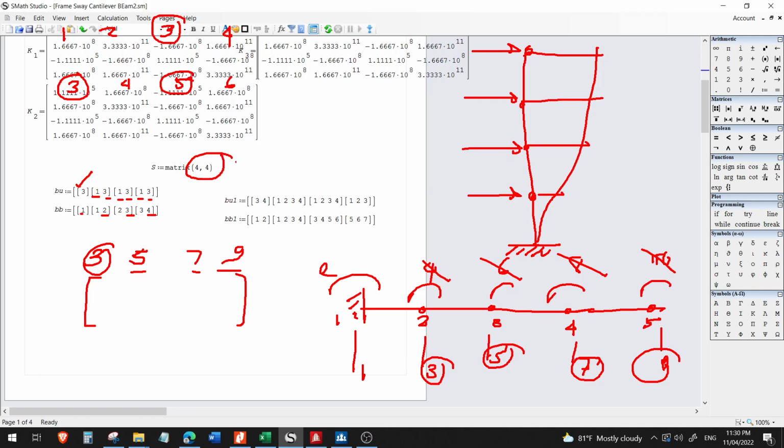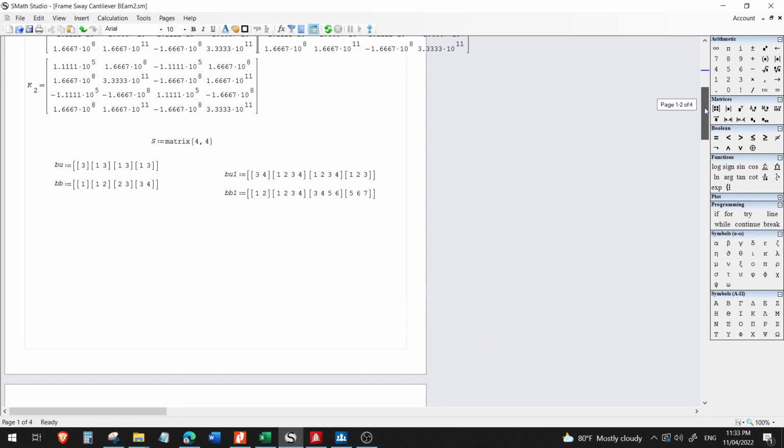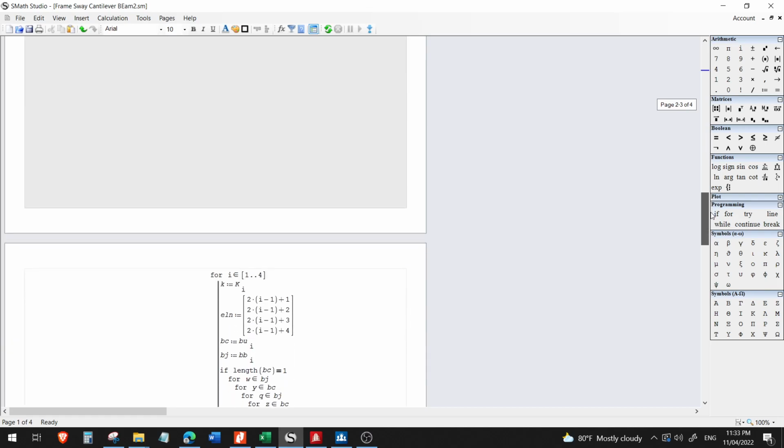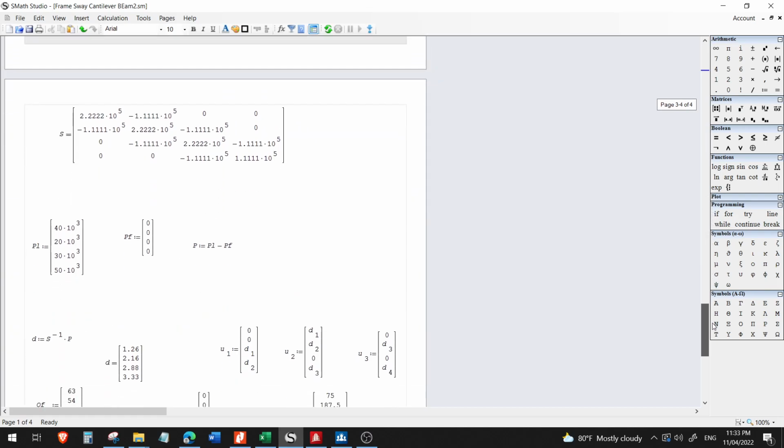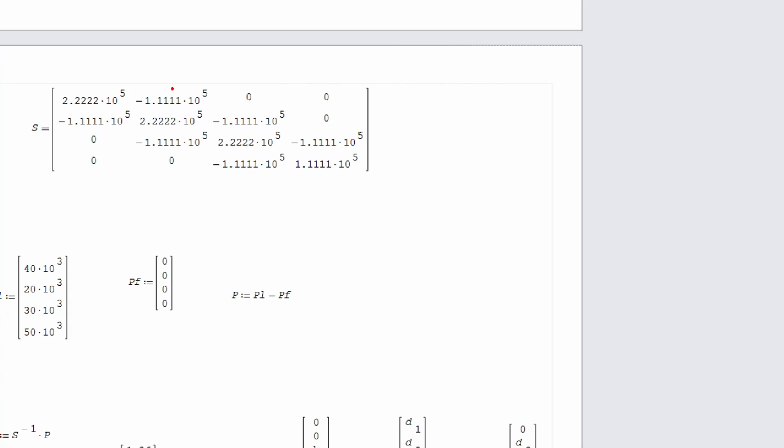So that's a 4 by 4 stiffness matrix or structure stiffness matrix. So once after that, okay, and this is my corresponding stiffness matrix when you calculate it, which again tells us that this is symmetric. So it is stable. Okay? So symmetric.